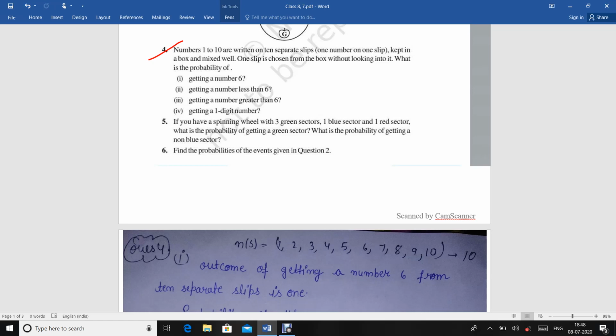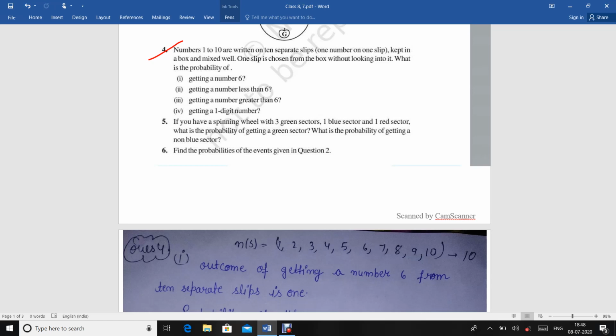It is saying that there are 10 separate slips, and each slip is labeled with one number between 1 to 10, and the number is 1, 2, 3, 4, 5 and so on, any one number. We kept these slips in a box and mixed well.